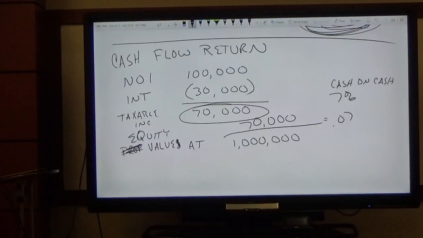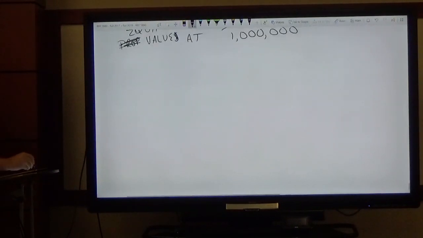So that would be like our cash flow, essentially our profit in a sense before tax. Right, gotcha. Okay. So really simple calculation, once again: operating income, subtract your interest expense, get the taxable income, divide that by your equity, gives you cash on cash. Okay? All right.